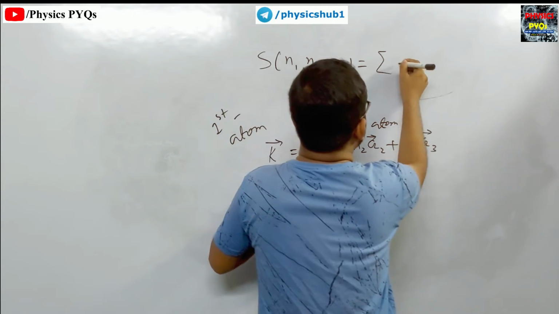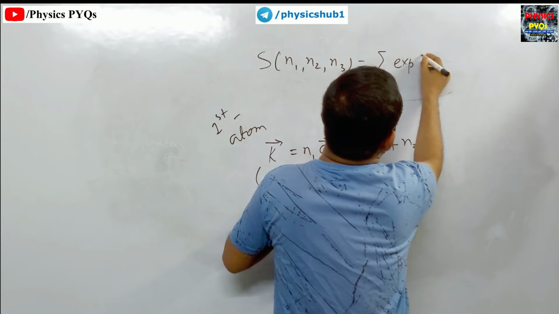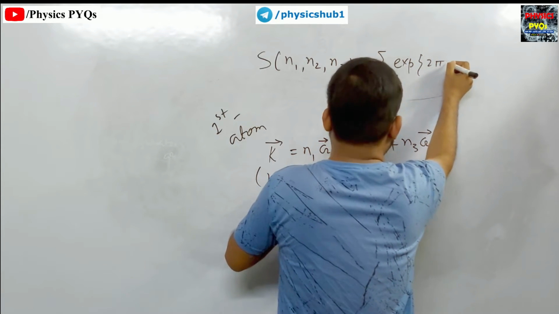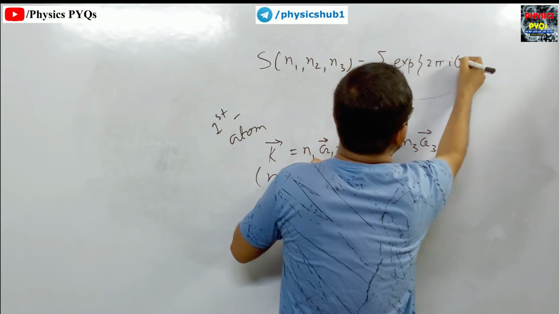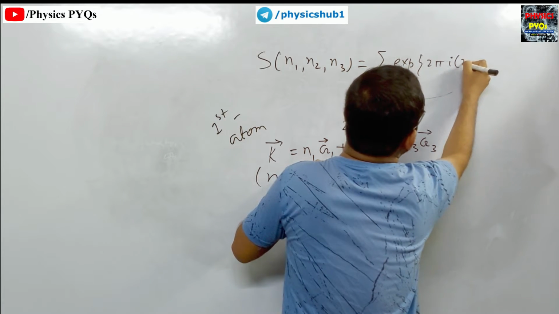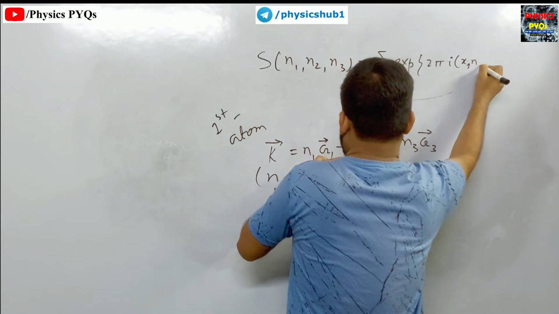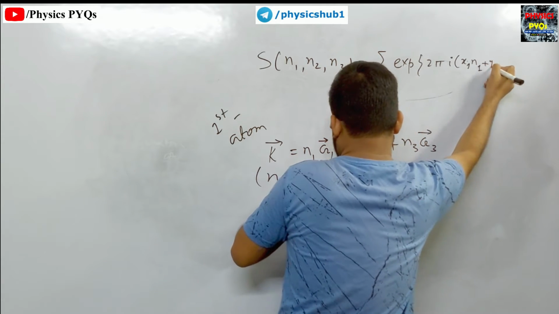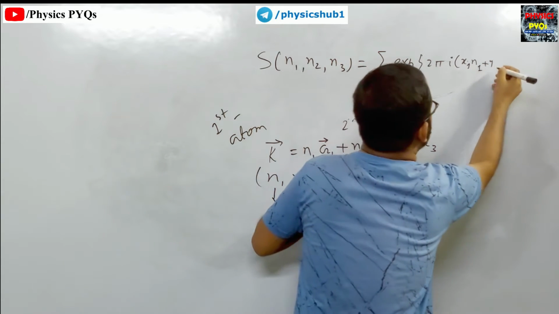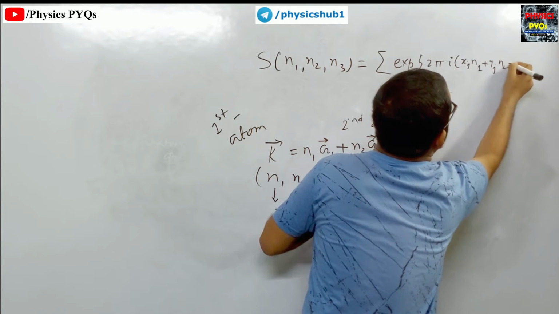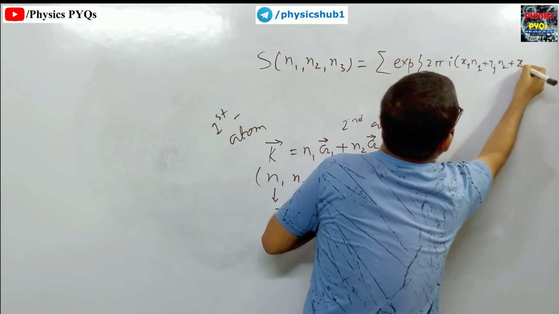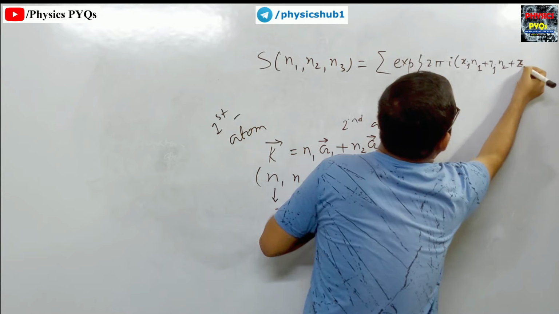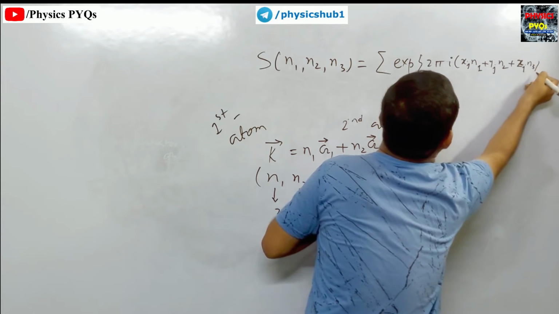So we can write exponential 2 pi i into (x_j n1 plus y_j n2 plus z_j n3).